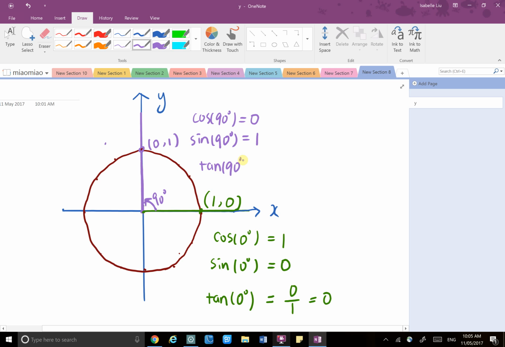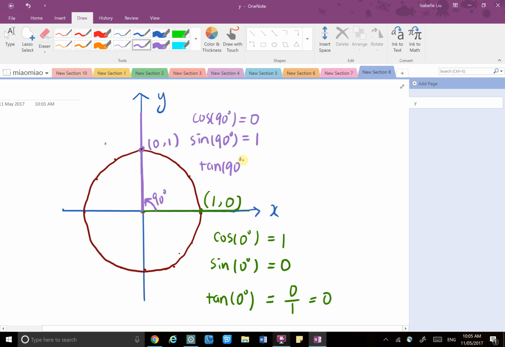Okay, 180. This angle will give you 180 degrees. The arm goes from here to here, so that is 180 degrees.